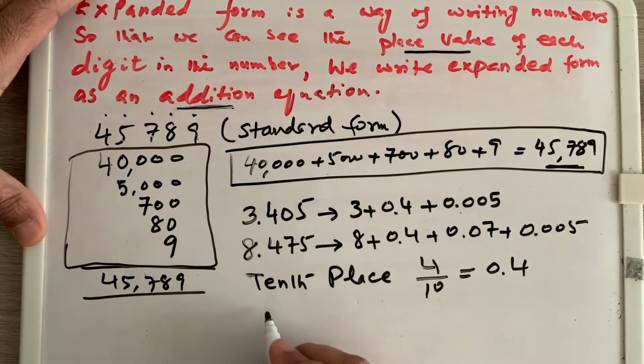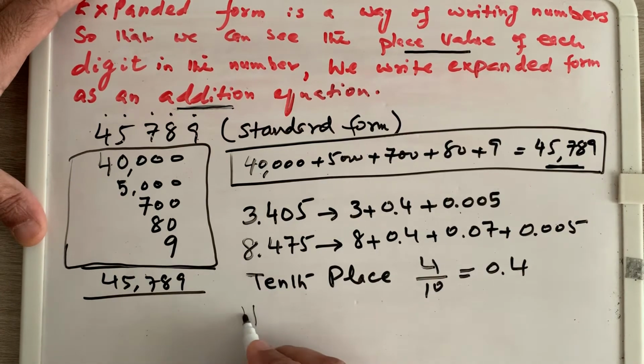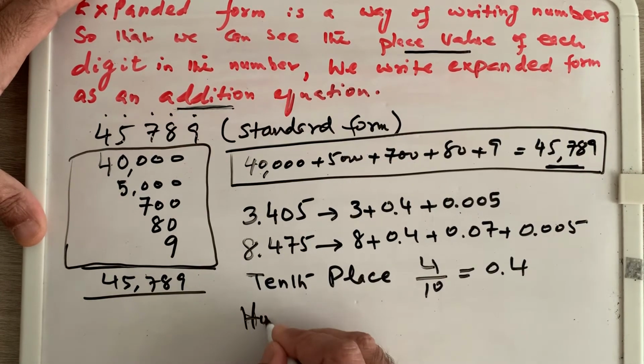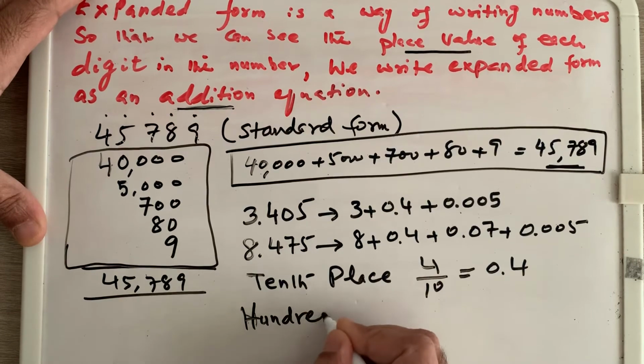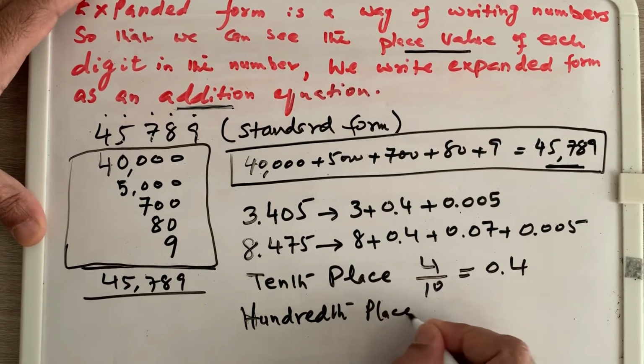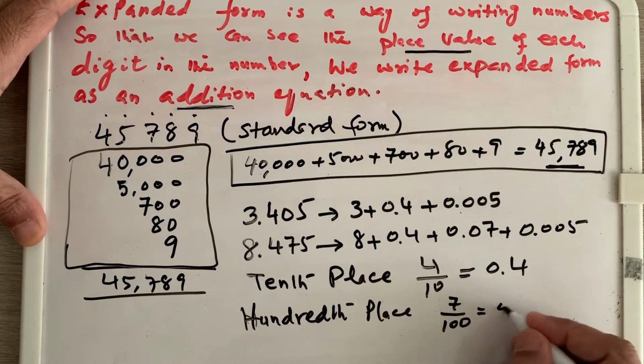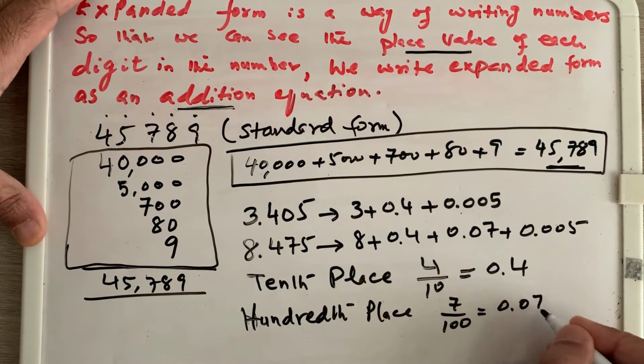And if you say 100th place, the 7 value is 100th place. So if you say 100th place, that means we are talking about a fraction. 7 divided by 100. And if you divide 7 by 100, it is 0.07.